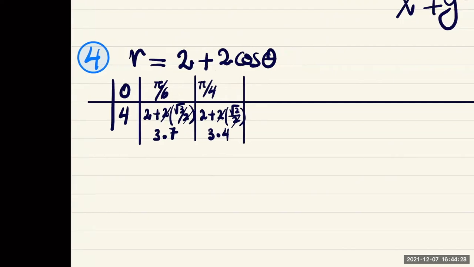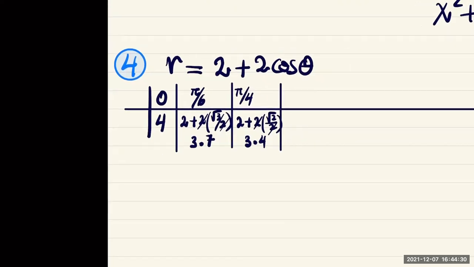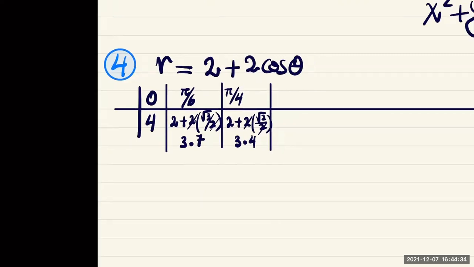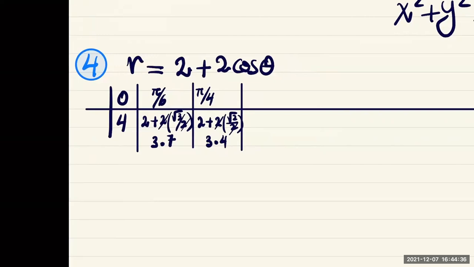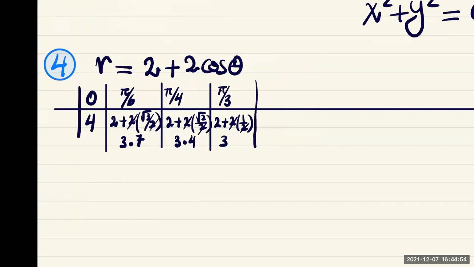As you see, the value of r is getting smaller: 4, 3.7, 3.4. Let's pick pi over 3. Cosine of pi over 3 is 1/2. So 2 plus 2 times half gives us 3. As expected, r is getting smaller. Let's pick pi over 2.